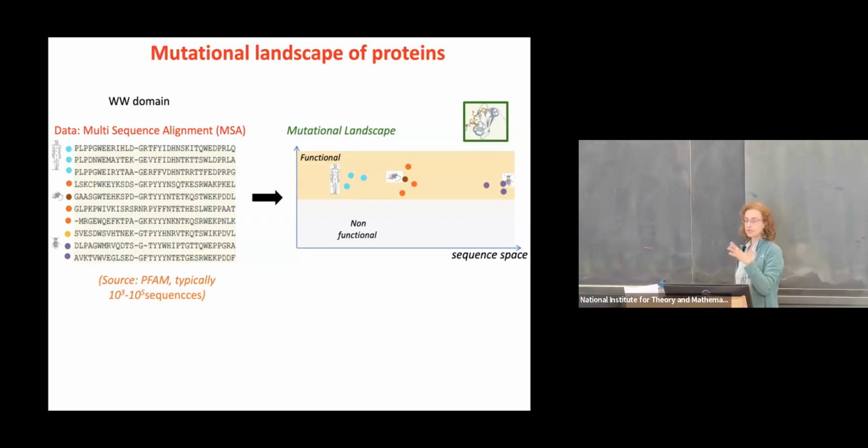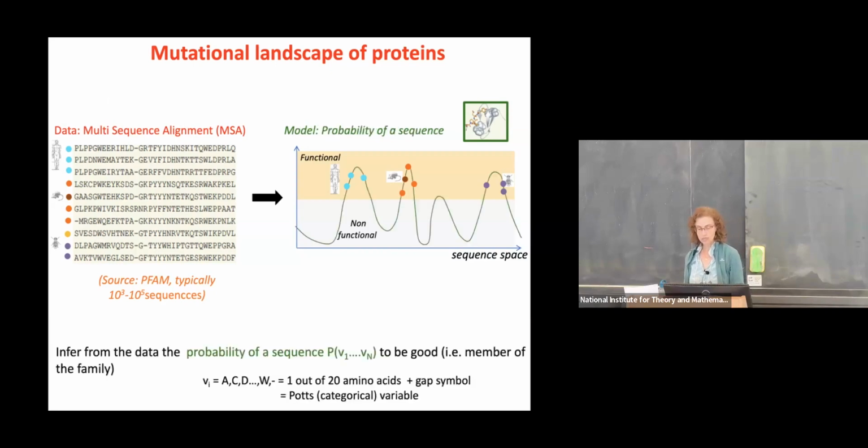Okay, and all these sequences for us are these points. They are all functional because they have been sampled on different living organisms, and we want to extract from these points our fitness landscape, which is just a function which is high on all the sampled points and is low on the other points that you haven't sampled.